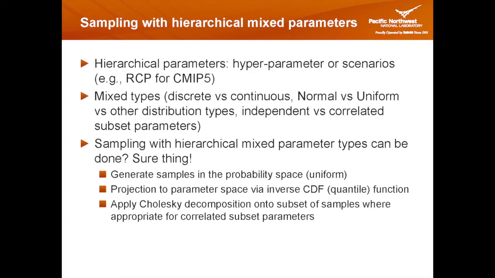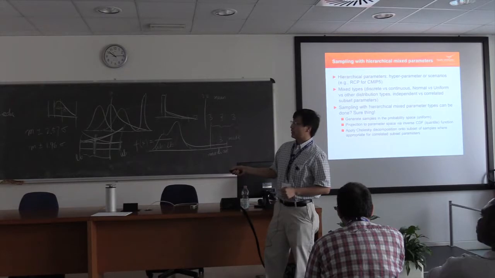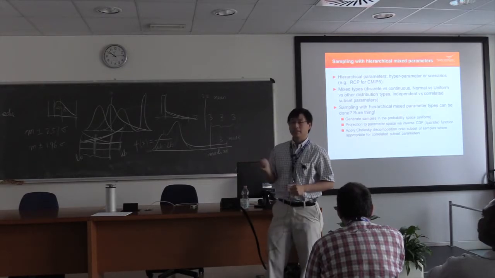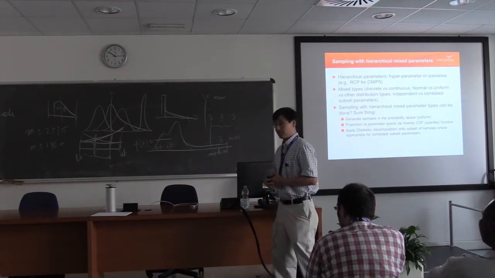Or it can be independent or correlated. Someone argued among the 20 parameters I'm playing with, P3, P5, P6, they are correlated. Then we can apply Cholesky compensation onto these subset parameters to make sure these 3 will follow the appropriate multivariate Gaussian distribution. So mixed parameter types, mixed distribution types, with or without correlation, or with hierarchical parameters, we can all apply the efficient sampling for your ensemble design.